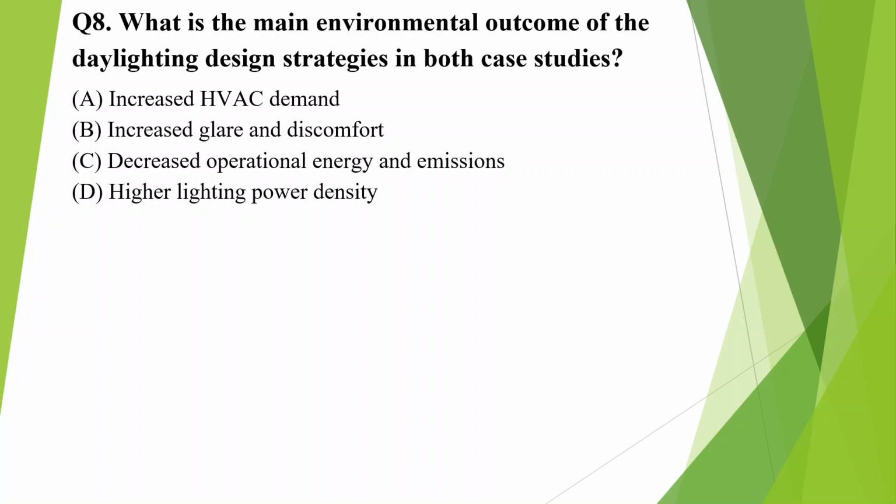That's why daylight design and daylight integration is very important during the building design phase, so that it can reduce both lighting and cooling energy and lower the operational carbon footprint at the same time. All of you are correct, and all of your concepts are also correct.